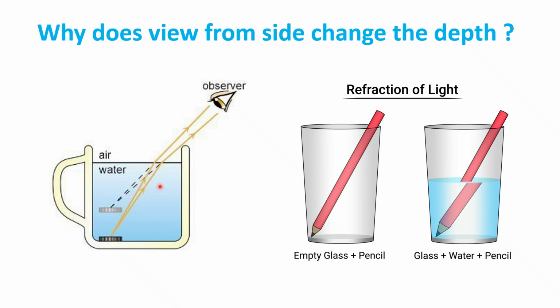So that's why the ray of light refracts, and therefore the real depth is not the depth that the observer sees. It's comparatively lesser, right? The apparent depth is less, right? It should be this, but this is the real depth, but the observer sees the apparent depth. Why? Due to effect of refraction.